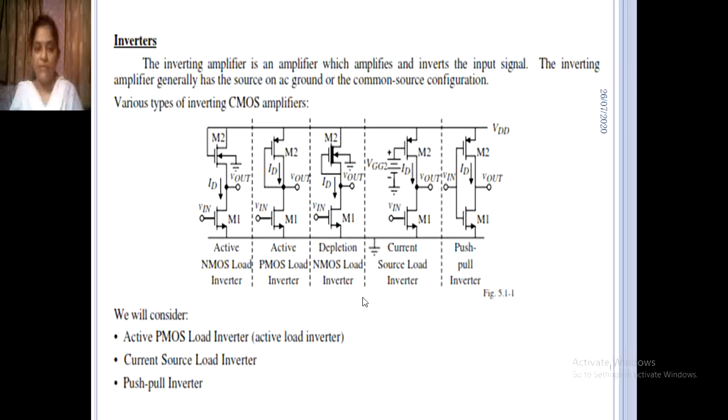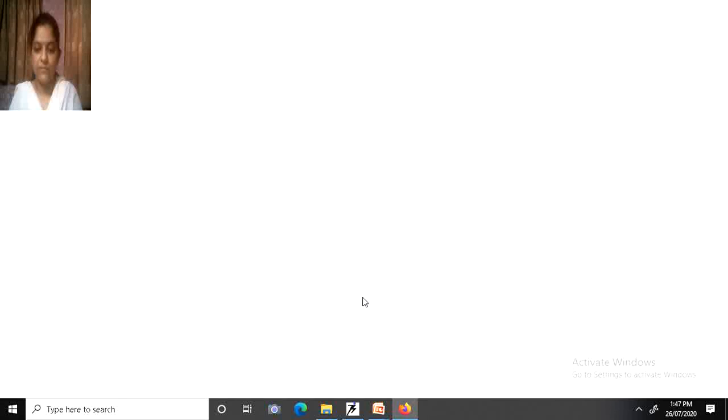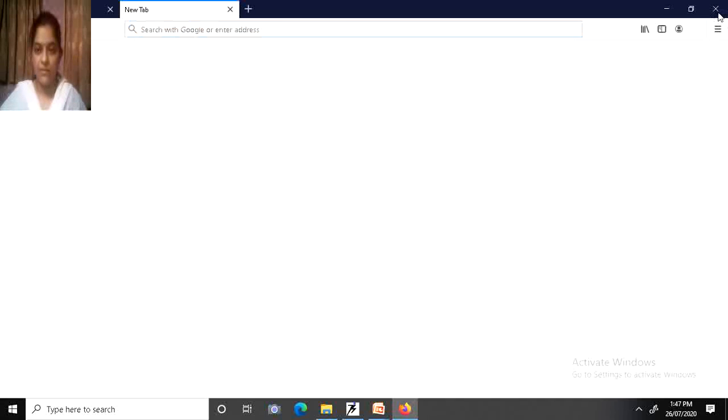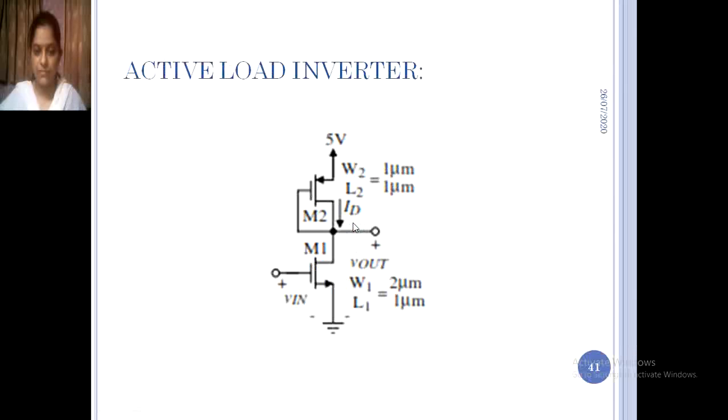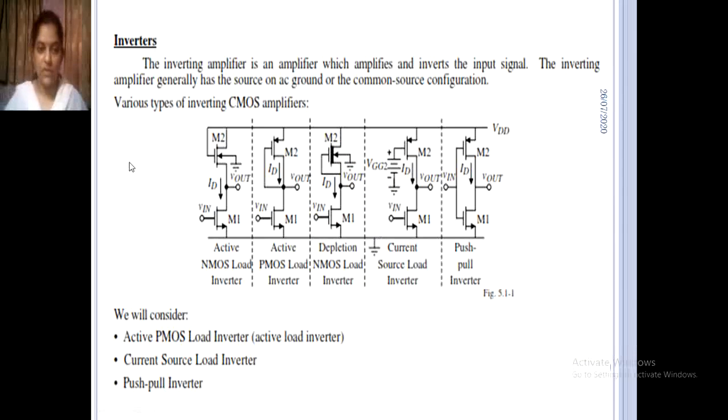The inverting amplifier is an amplifier which amplifies and inverts the input signal. The inverting amplifier generally has the source on AC ground, or the common source configuration.